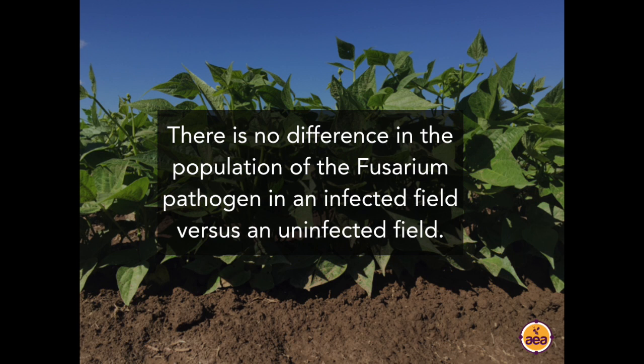The concentrations of Fusarium organisms in each gram of soil are identical. It's not the presence or the absence of Fusarium that causes the disease. It's the presence or absence of other organisms that causes the expression of the disease.